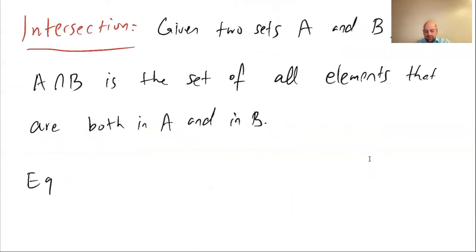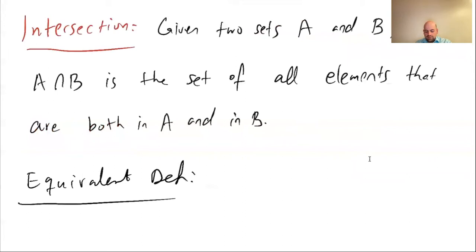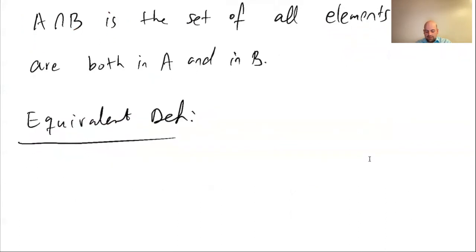So equivalent definition again. If I want to use the language of logic, A intersection B is the set of all elements X such that X belongs to A and also in B. And means what? Means conjunction, right?